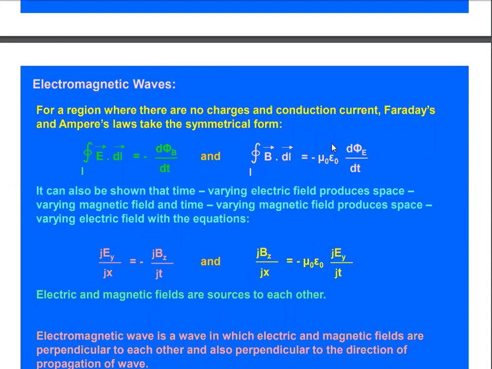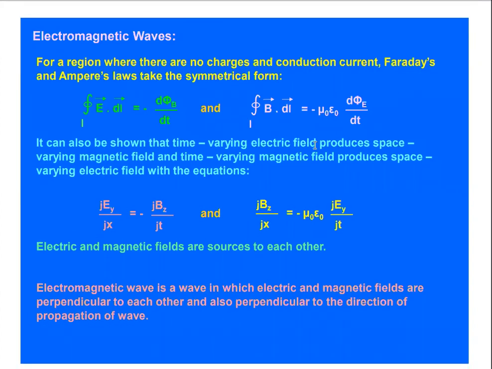Because in a region where there are no electric charges and no conduction current, Faraday's law and Ampere's circuital law take the symmetrical form, indicating that variation in electric field can be observed as magnetic field and variation in magnetic field can be observed as electric field.